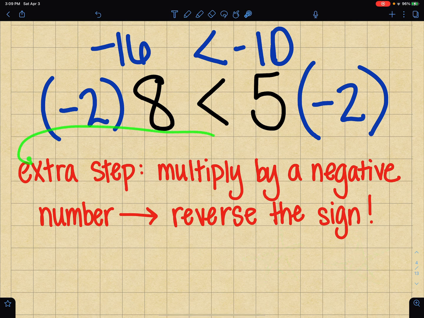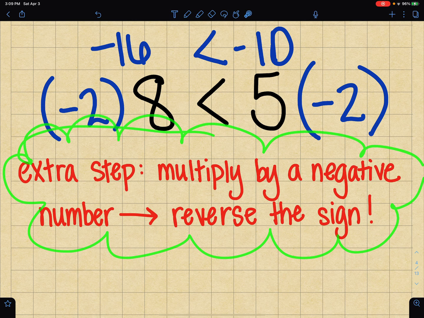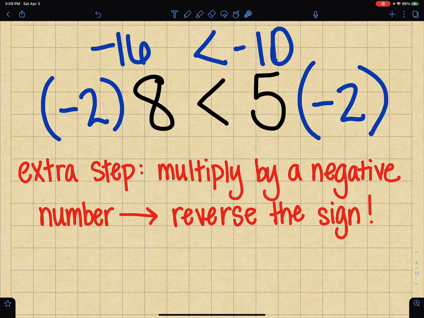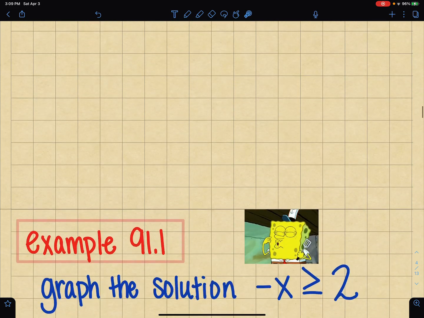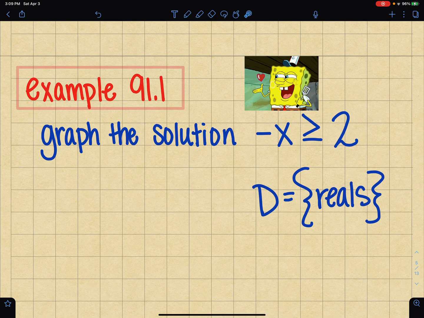I'm going to put a thought cloud around it because you have to remember that. If you remember that, you'll definitely get some questions right on the SAT that someone else is going to miss, because that's important. Turning that sign upside down? Oh yeah, important stuff. Important but easy, so we love it, okay?